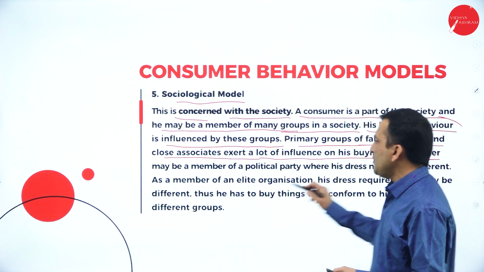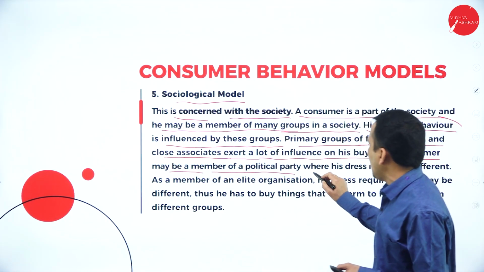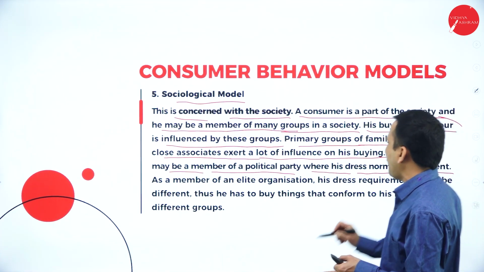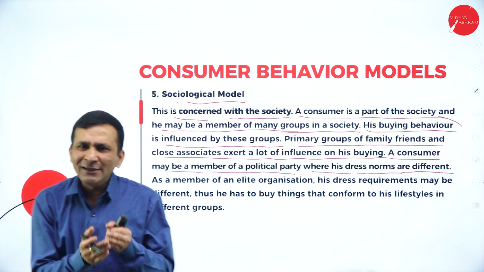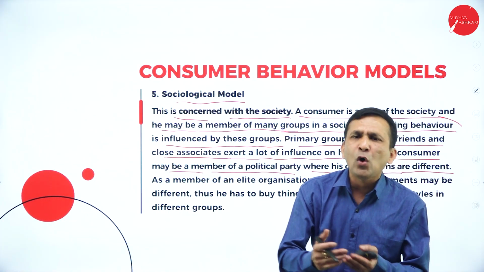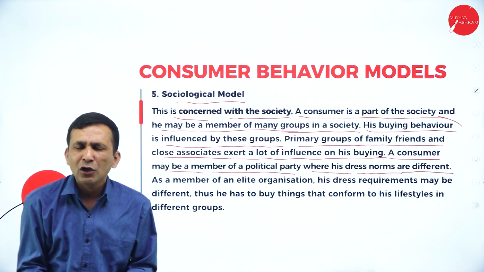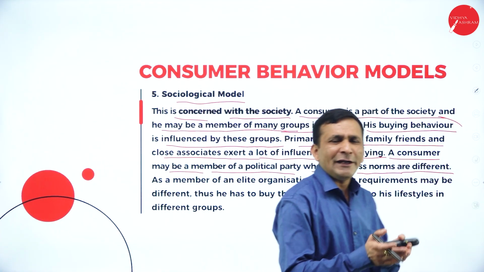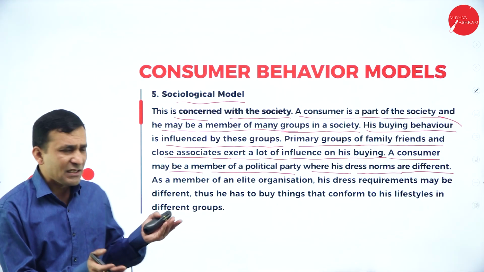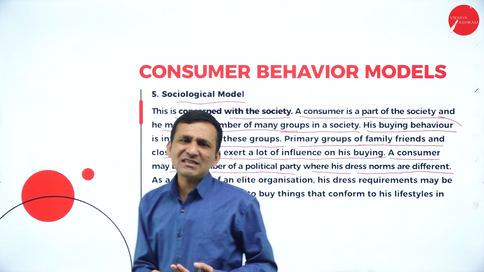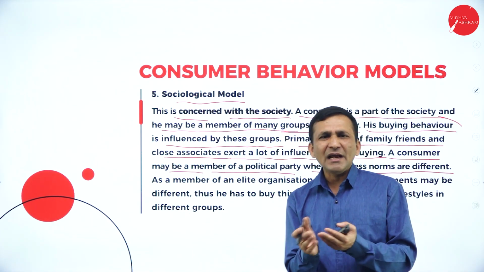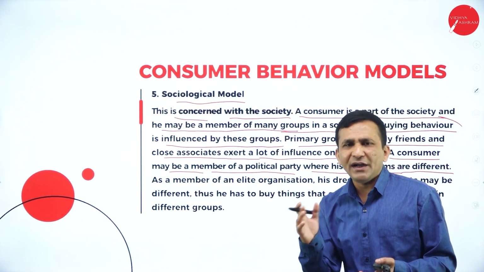A consumer may be a member of a political party where dress norms are different, because consumers behave according to the situation. When they go to a temple, they try to follow the temple culture. If a family member is a politician, he always tries to wear white dress. So different types of consumers have different requirements.